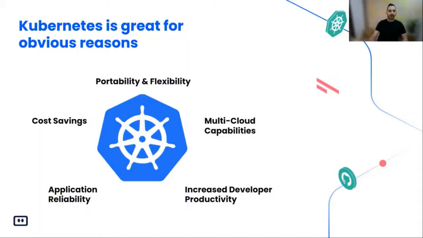Now about cost savings, I think in the long run, Kubernetes is more cost effective if you know what you're doing, meaning that the base cost of having a Kubernetes cluster is probably a bit higher than just spinning up any virtual machine and deploying an application on it.